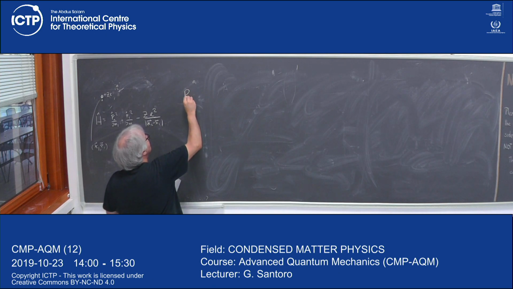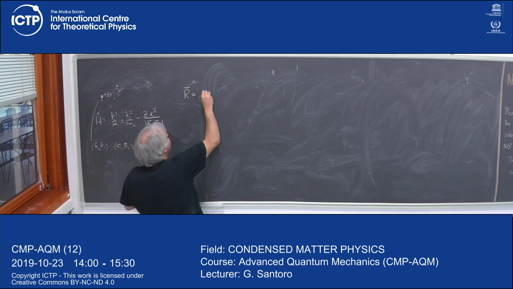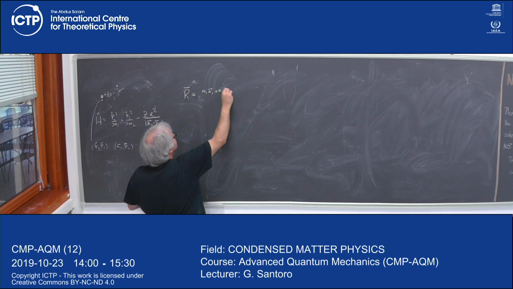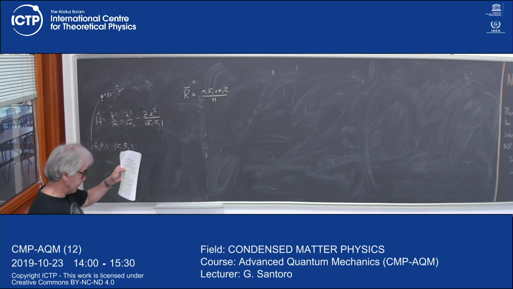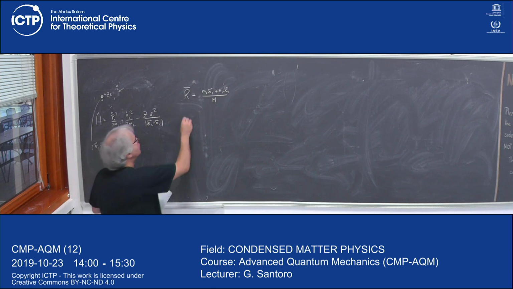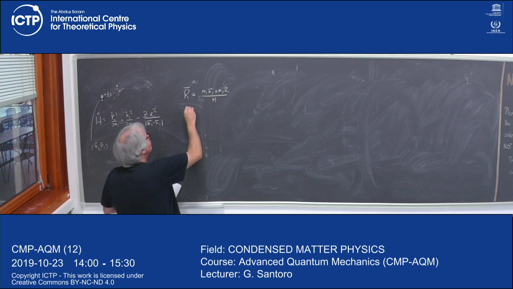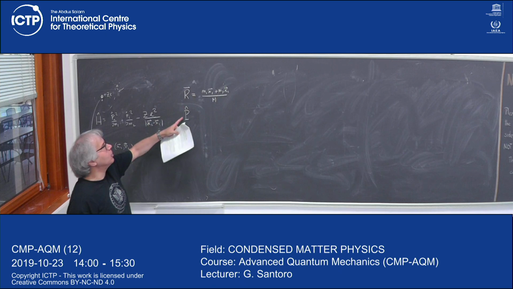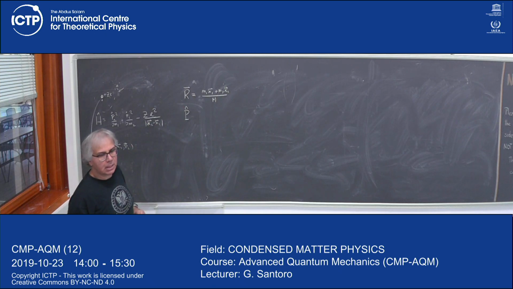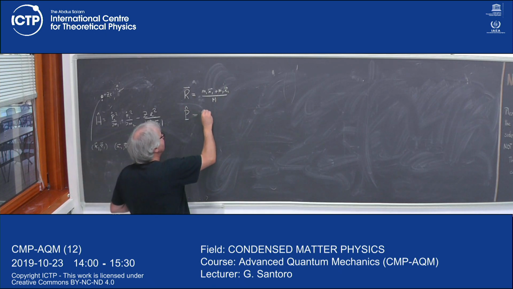So first of all, what is the center of mass coordinate? Well, we know very well from classical physics, that's it, M being the total mass. What is the canonically conjugate momentum? It's obviously the total momentum, p1 plus p2.